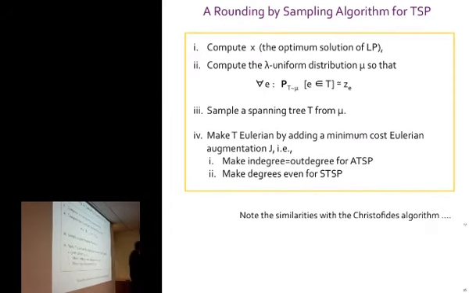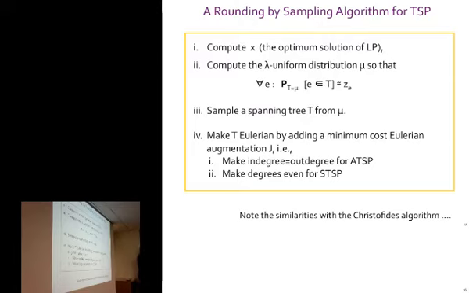You're right. So your distribution also includes spanning trees that are not minimum, right? We have a uniform distribution over spanning trees. So does it also include trees that are not minimal? Yeah, of course.